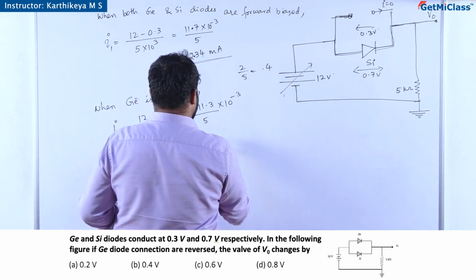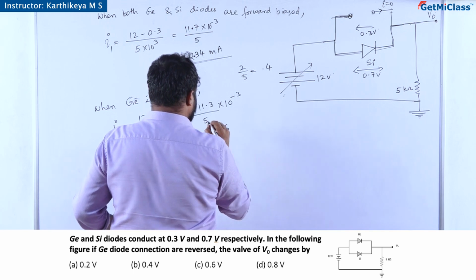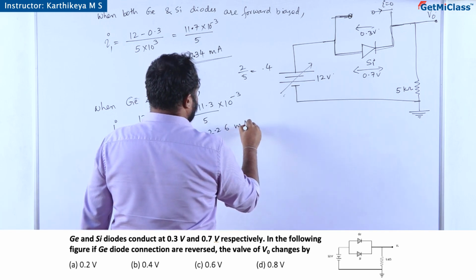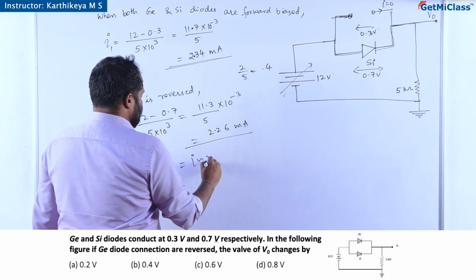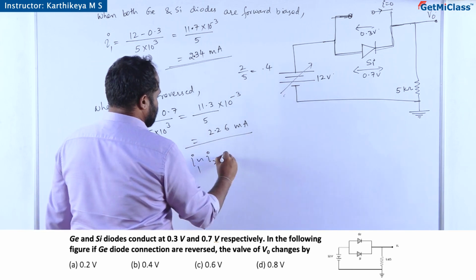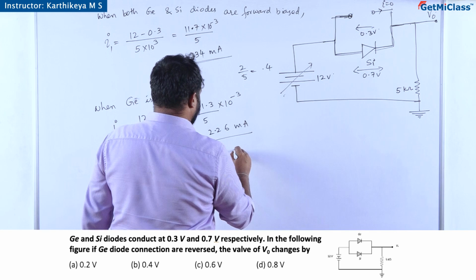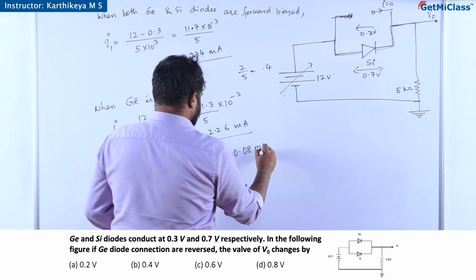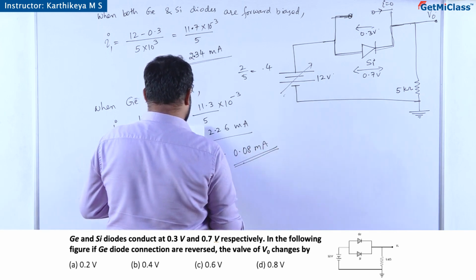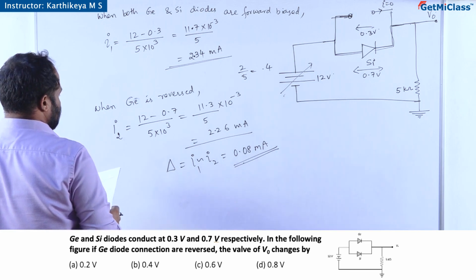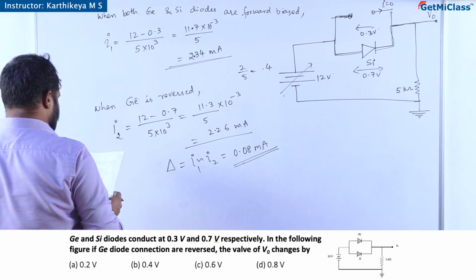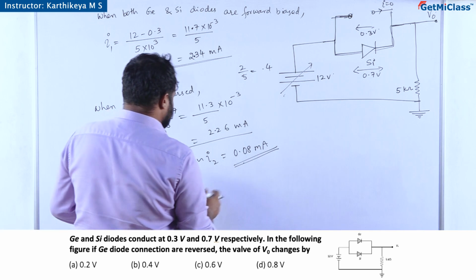So, 113 will be 2.26 milliampere. So, the change in current is I1 minus I2, that is around 0.08 milliampere. Change in current is 0.08 milliampere, or voltage change.